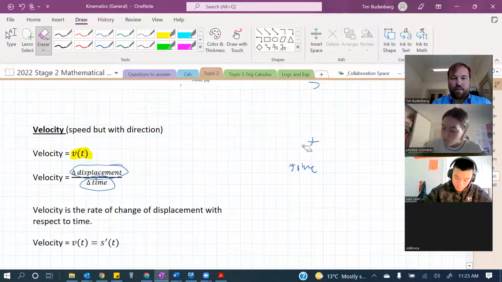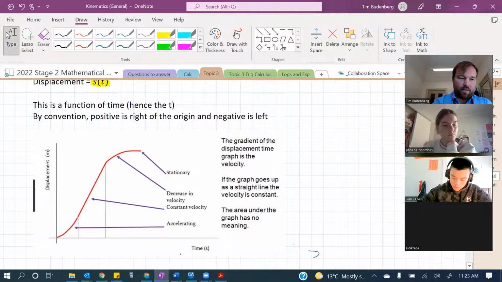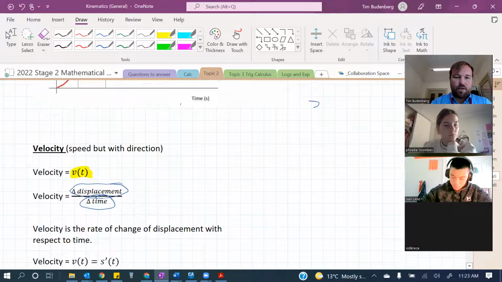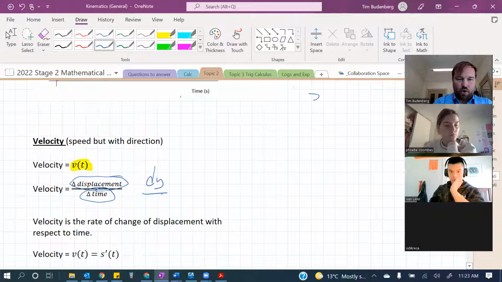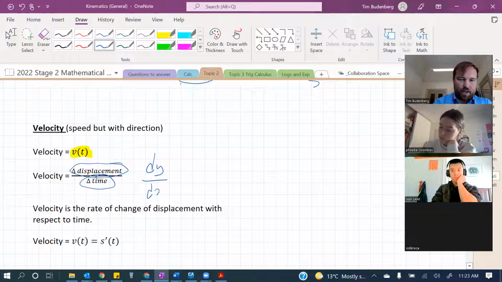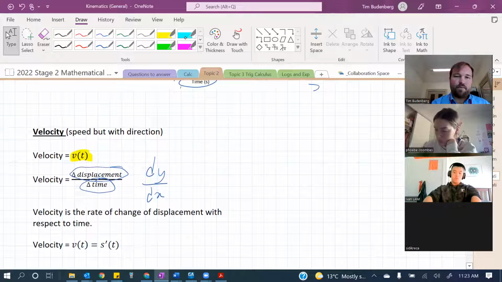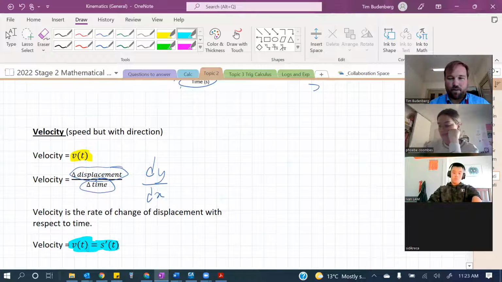Now, hopefully you're looking at that thinking, change in displacement over change of time looks very much calculus-y, and it does. What we're saying is really, if displacement is on the y-axis, and it is, change in y over change in x, with time on the x-axis, which leads to the very neat result that the velocity of an object is the first derivative of its displacement graph.